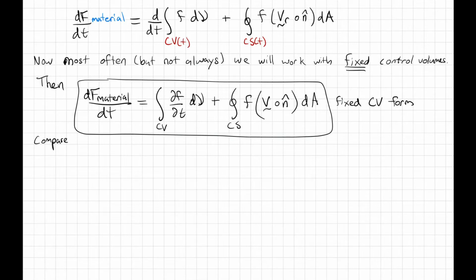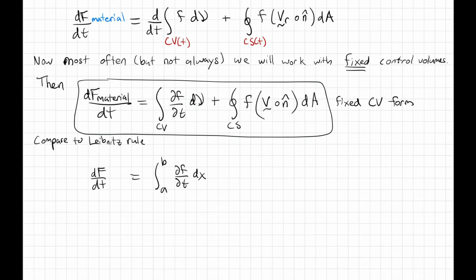But let's take a look and compare that to Leibniz rule. Before I did all of this, I showed you Leibniz rule. Leibniz rule said that the rate of change of F, where F was the integral of f dx from a to b, where a to b could move, was equal to what happened when I took the partial derivative inside the integral, fixing a and b, plus a set of terms on the boundaries.